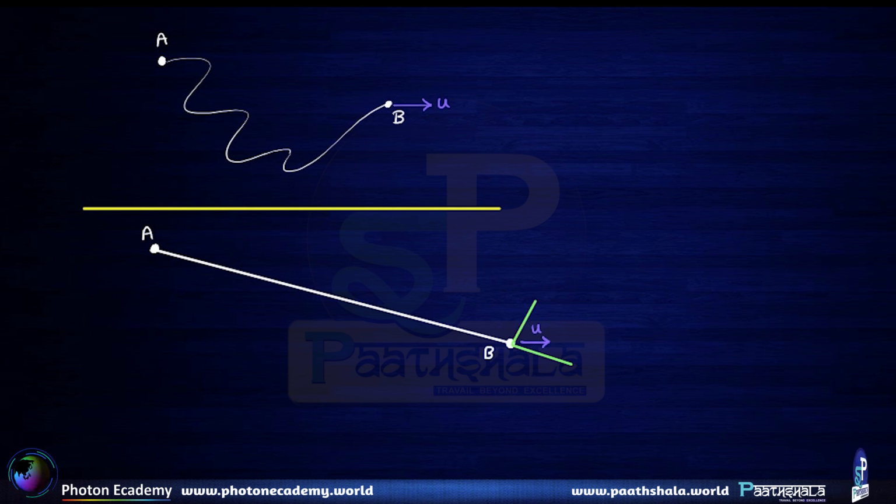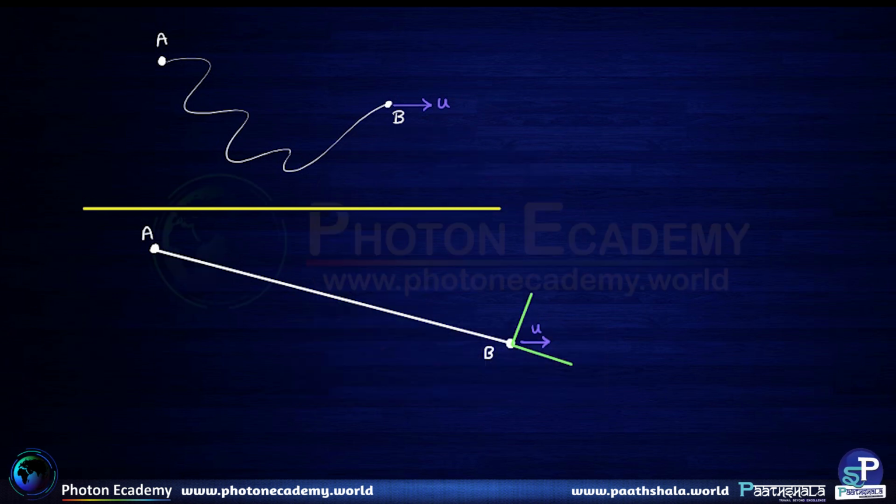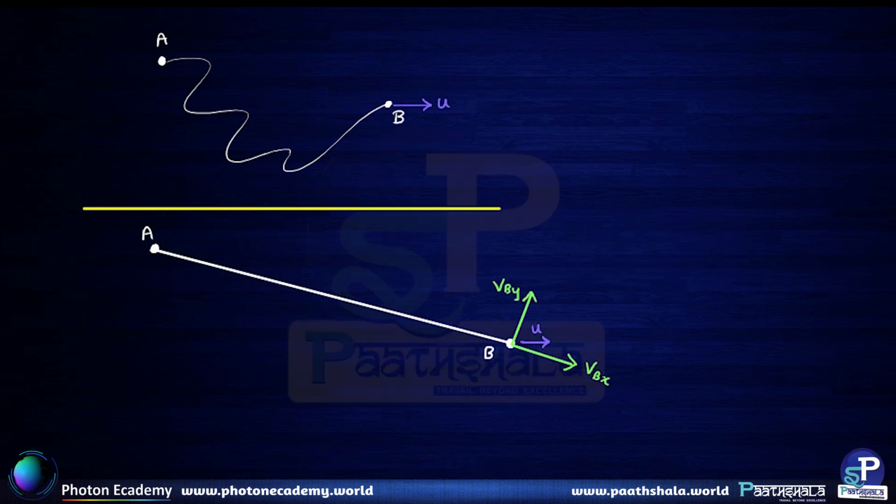So these are the two components of velocity for particle B. Let us say this is VB in X direction and this is VB in Y direction. Such kind of collisions can be termed as string collisions.